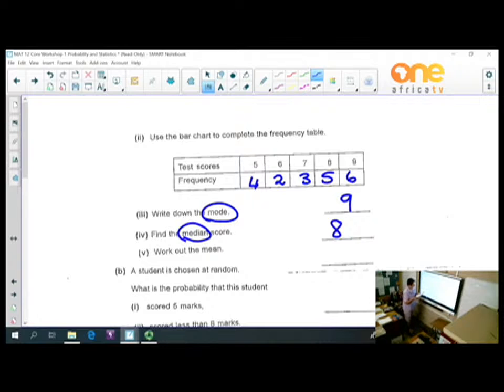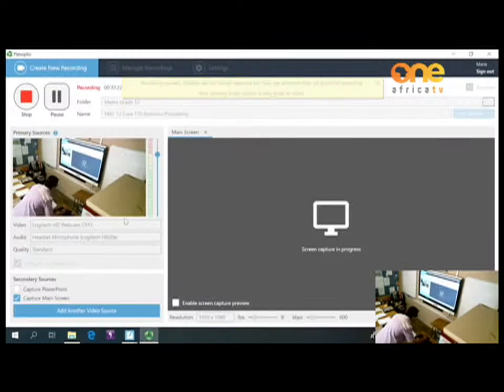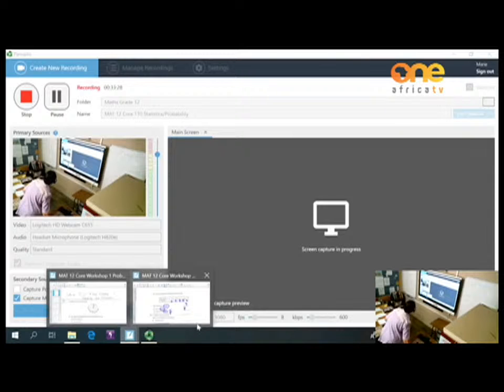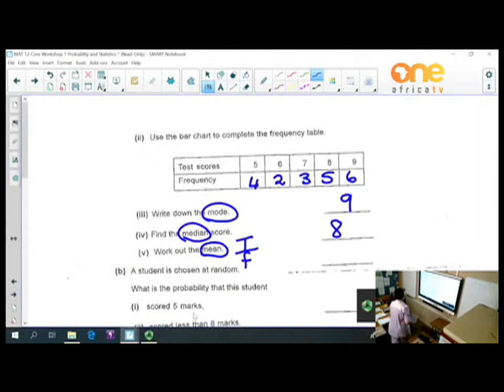Right, the next one. Work out the mean. Again, what is mean? Total divide by frequency. Okay, so let's continue then. The mean is then total divide by frequency. So this is what we did in the previous exercise also.